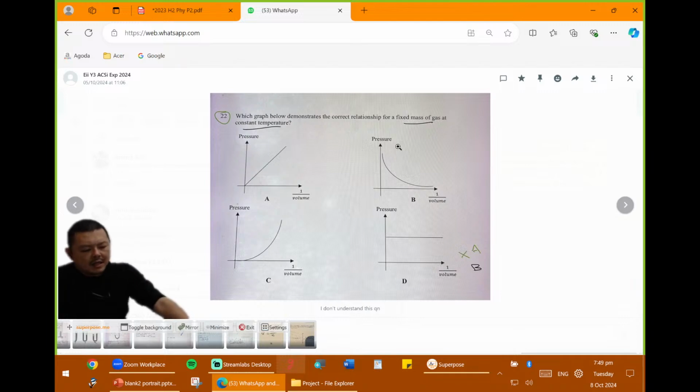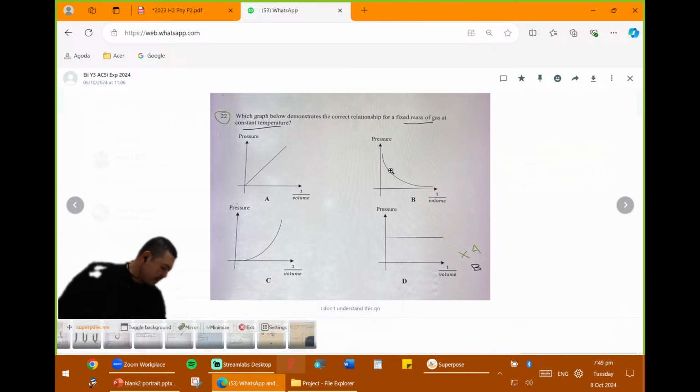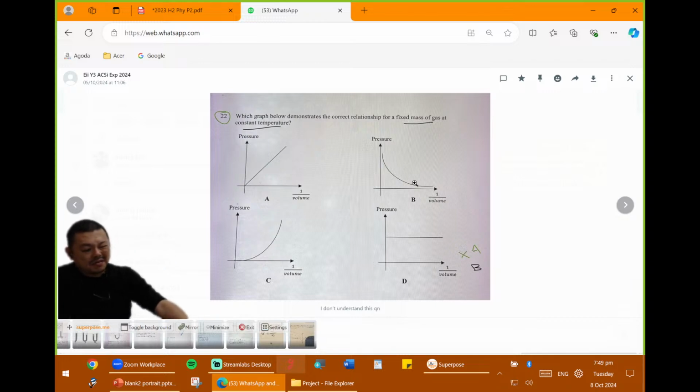Unfortunately this question is not really in syllabus anymore. But I can show it to you anyway. I have a suspicion I need to teach this.